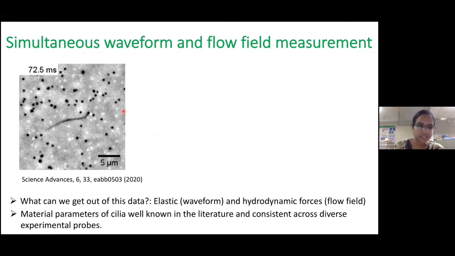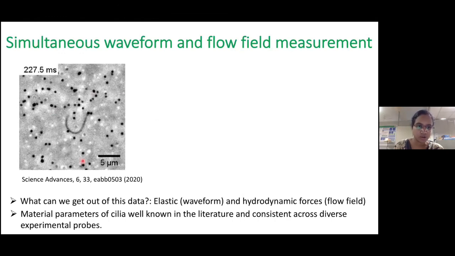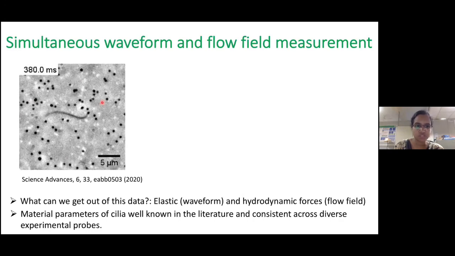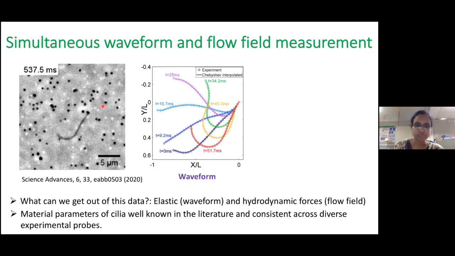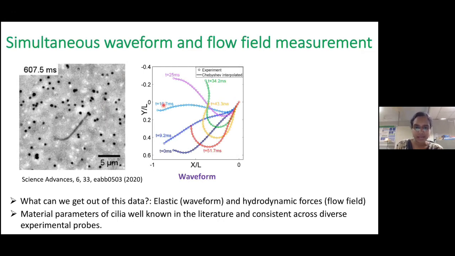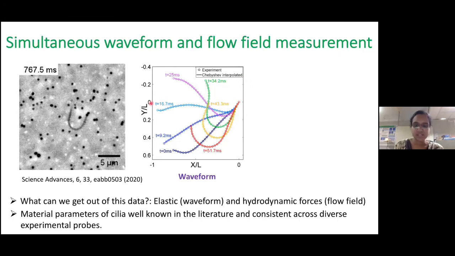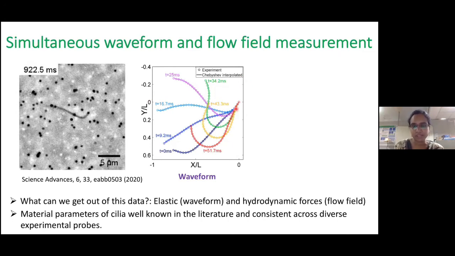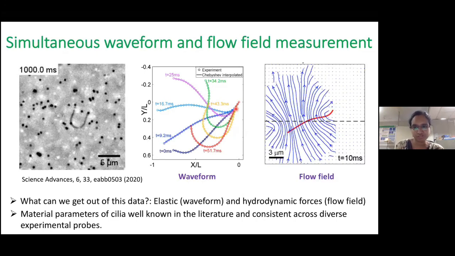So you can see the filament in very high resolution, and you can also see how these beads are moving. So by tracking the motion of these beads, you can determine the flow field. So here I'm showing you the waveform, and you can describe this waveform using a polynomial description, Chebyshev polynomials in this case, and you can measure the flow field.